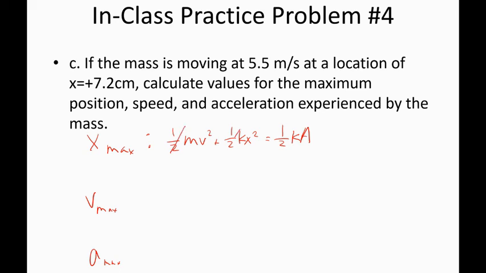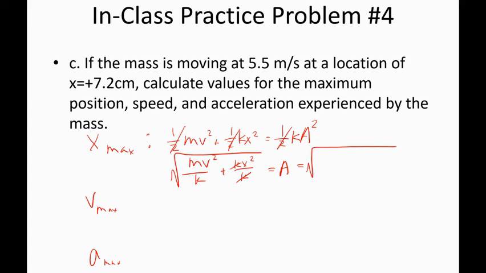I'm going to cancel out my 1/2s. And I'm going to end up getting mv squared divided by k plus kx squared divided by k. So my k's are going to cancel. And this is a squared. So we're going to take the square root of that, which is equal to a.